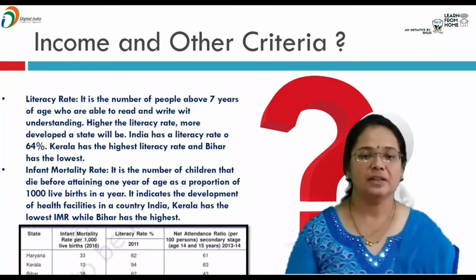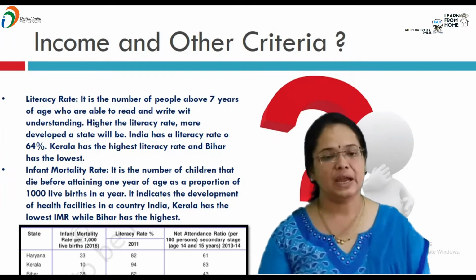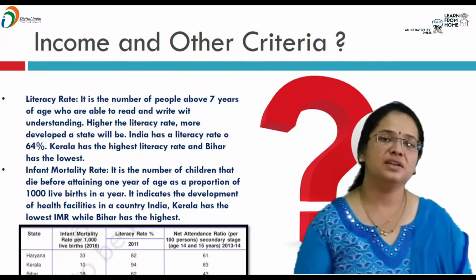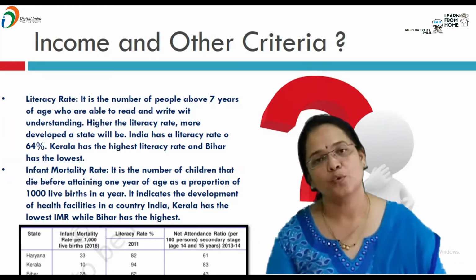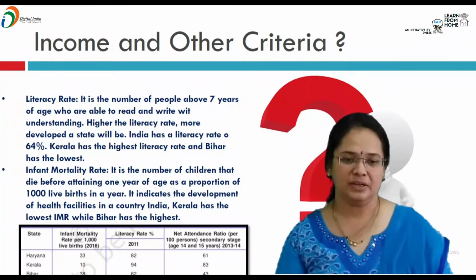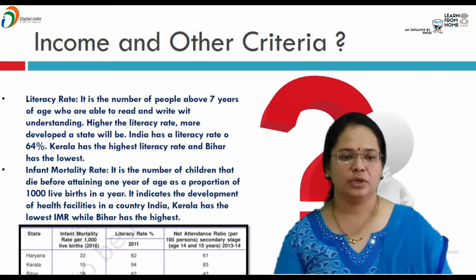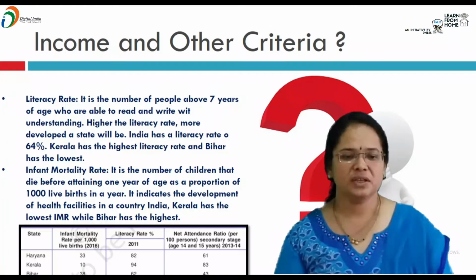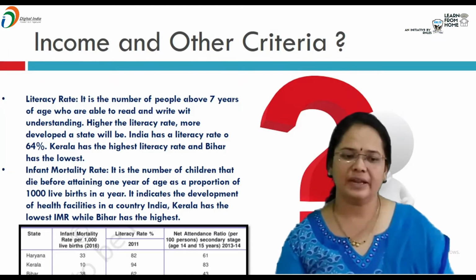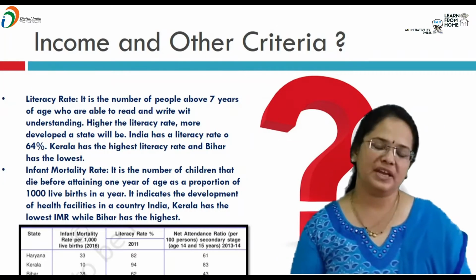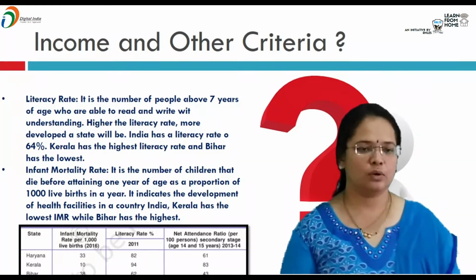And we can say that India has a literacy rate of 64%, Kerala is the highest literacy rate state and Bihar has the lowest literacy rate. You can see it in the table given here. The literacy rate of Kerala is highest, then number 2 is Haryana and the third one is Bihar, mentioned in the second column.